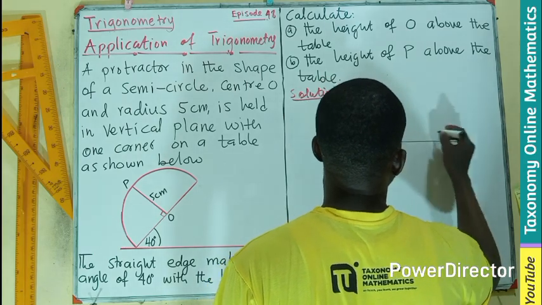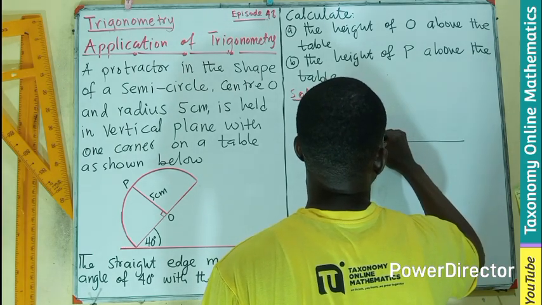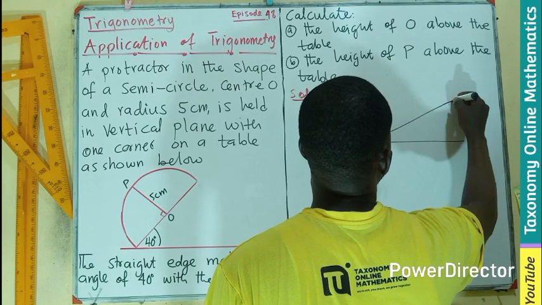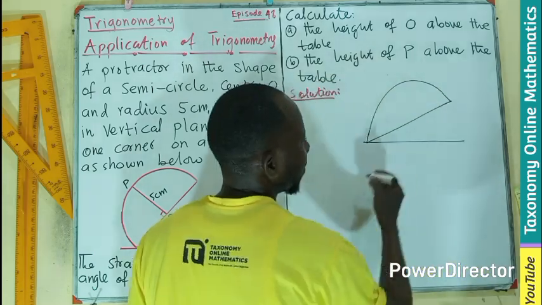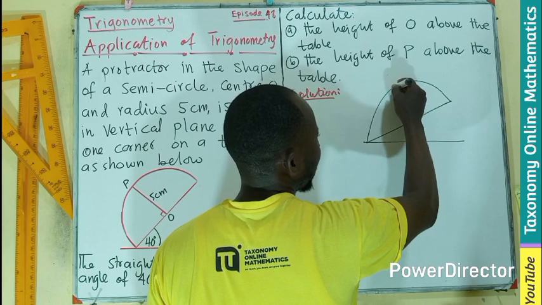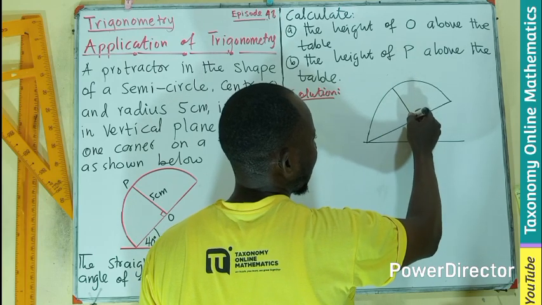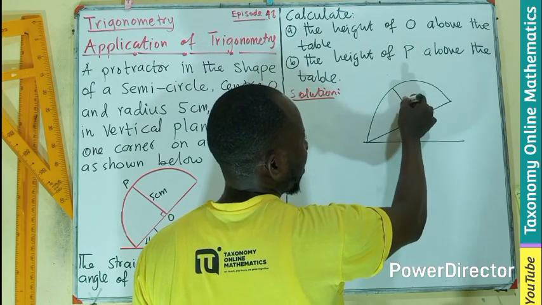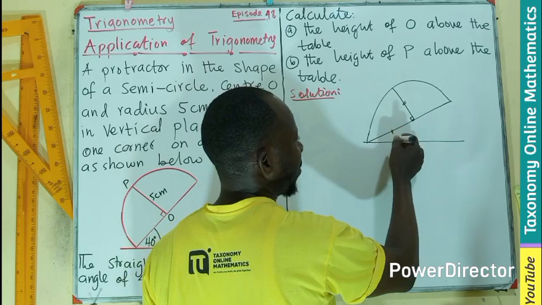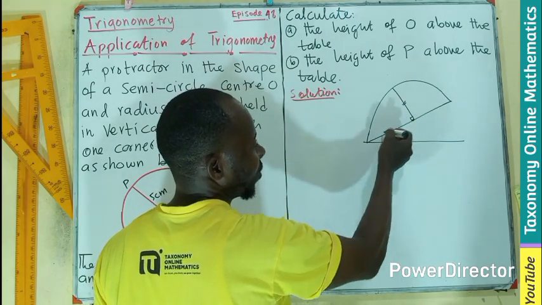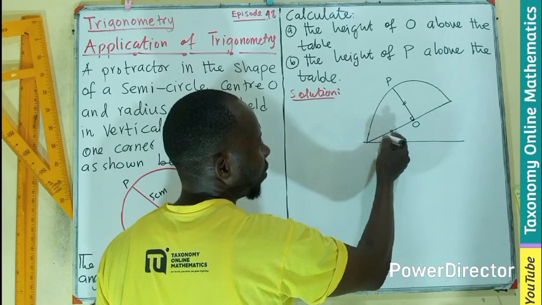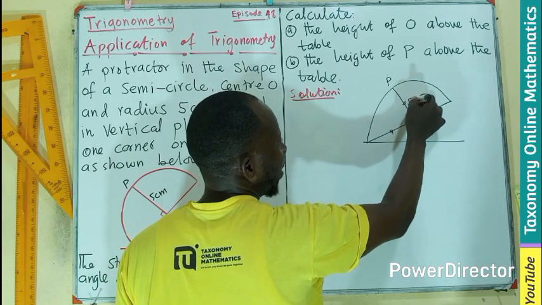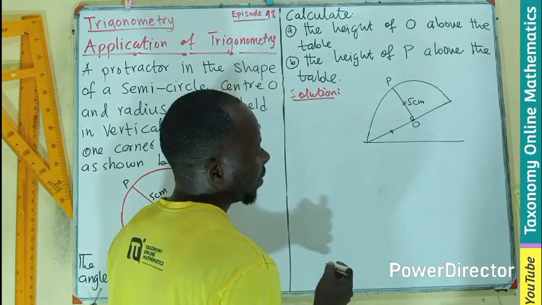So if I have the straight line, let's say I have this, okay, the center being here. So here, this is going to be the same as this. Remember, this is the radius from center to P. So radius 5 centimeter and 5 centimeter.